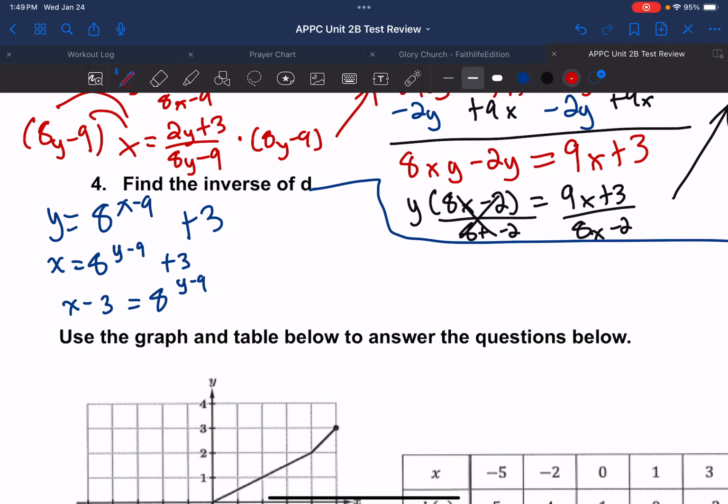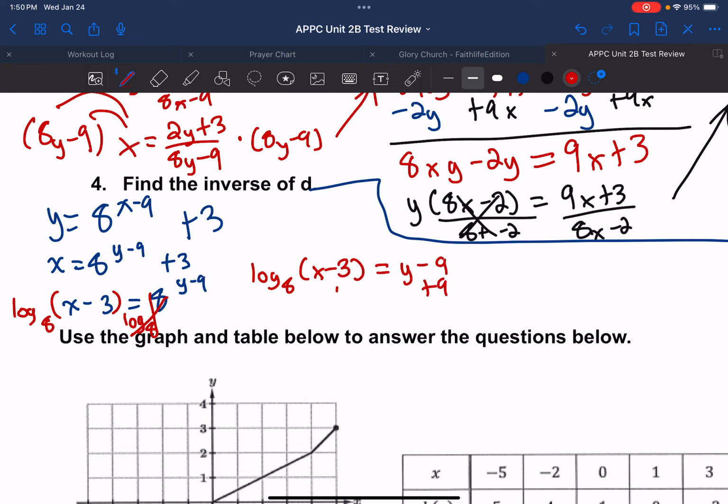And here's where the logs come in handy, because now I've got 8 as my base and y minus 9 trapped in the exponent, so the log is what frees it. I use the same base. The base here is 8, so I'm going to do log base 8 on both sides. These cancel out. I'm left with log base 8 of x minus 3 equals y minus 9.